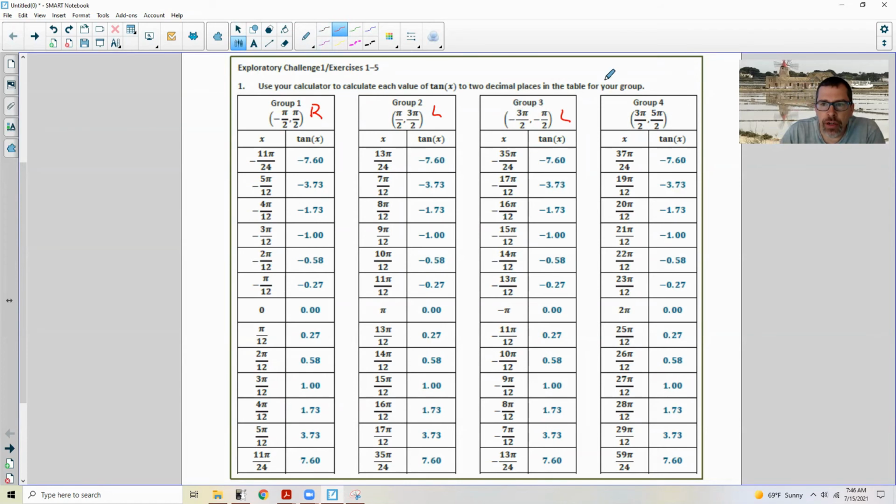And if I go clockwise, 3 pi over 2 is at the bottom at 6 o'clock, 5 pi over 2 is at 12. This is the right side of the circle. So group 1 and group 4 got the same side of the circle, and group 2 and 3 both got the same side of the circle. We were just going in opposite directions, one clockwise, one counterclockwise.